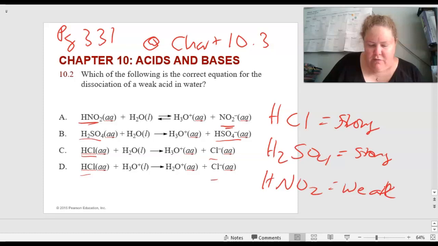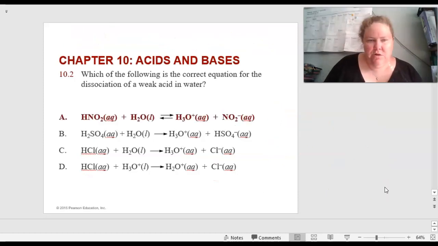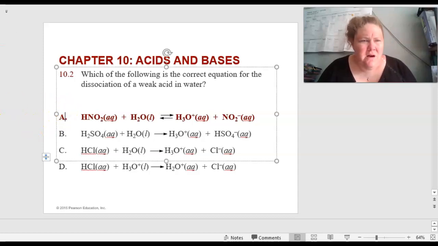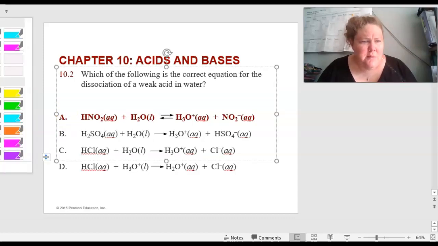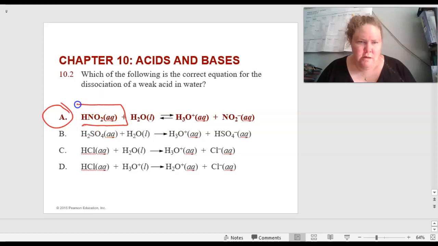All right, so therefore, with knowing that and comparing all of them, that means that answer A is going to be the correct one. Because again, we have to know which ones are strong and weak, and by looking at that table, we know that the HNO2 right here, this guy is weak.